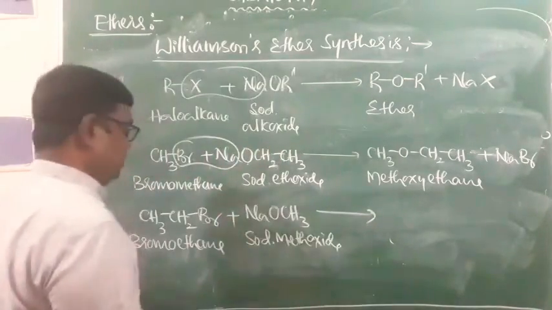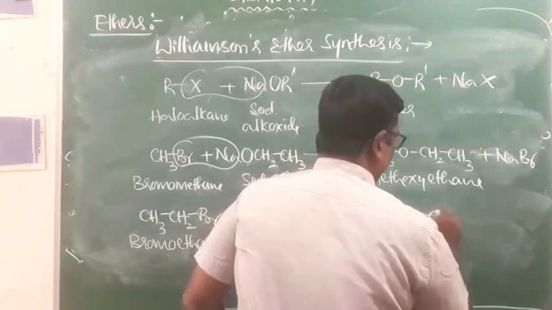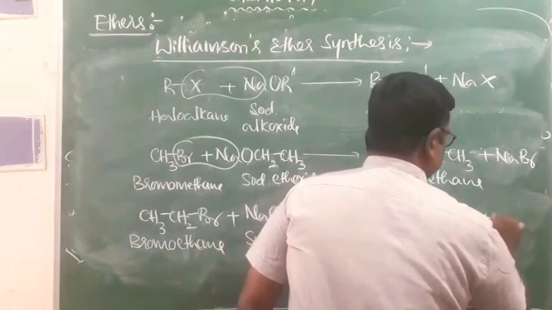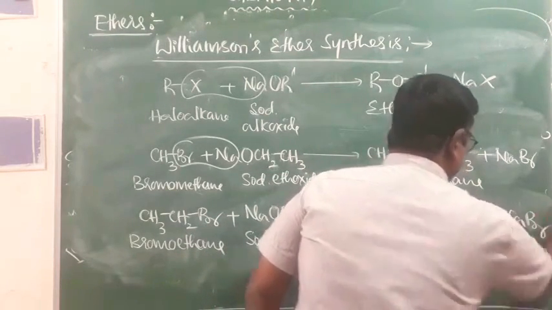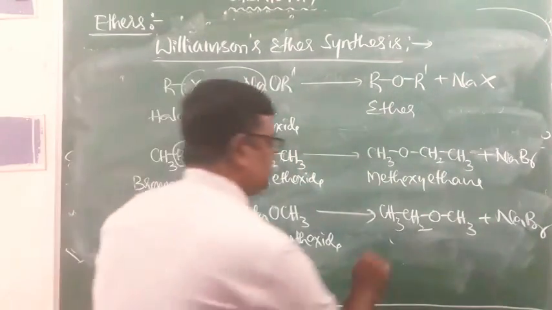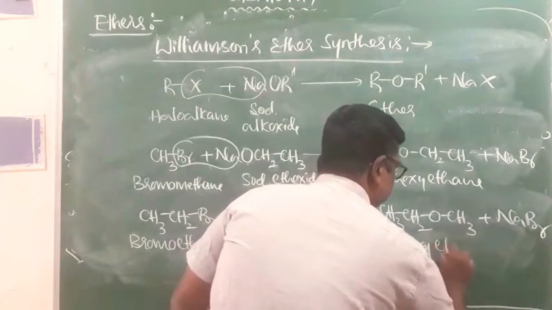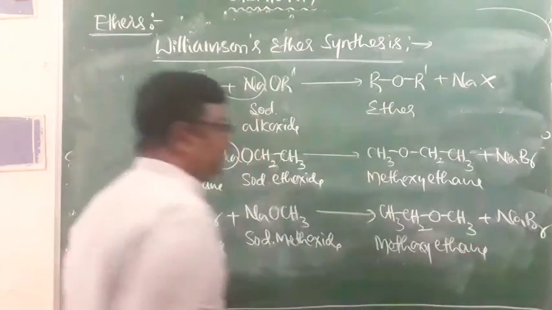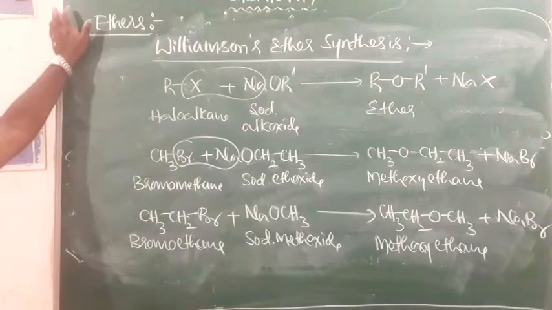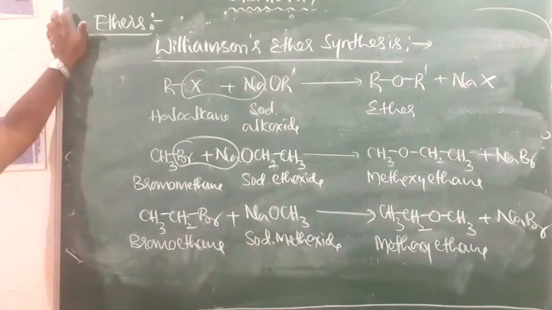Then also you are going to get CH3CH2OCH3 plus NaBr. So this is methoxyethane once again.